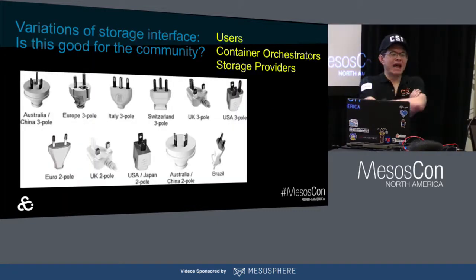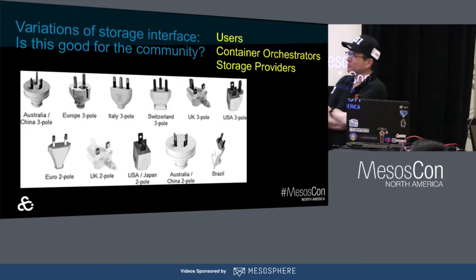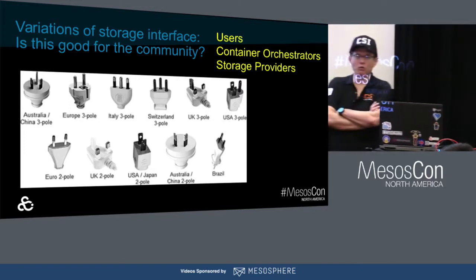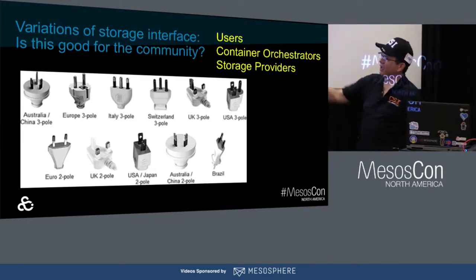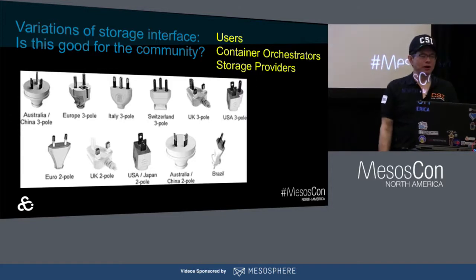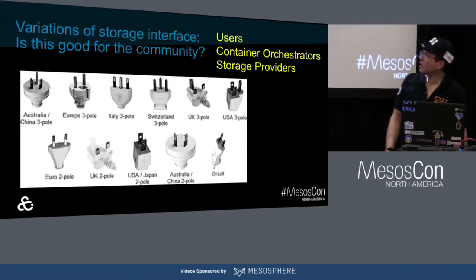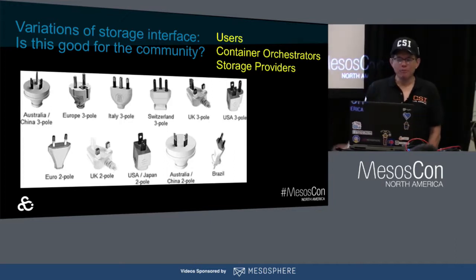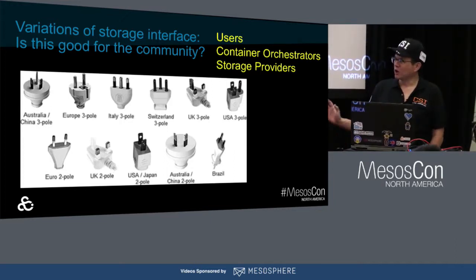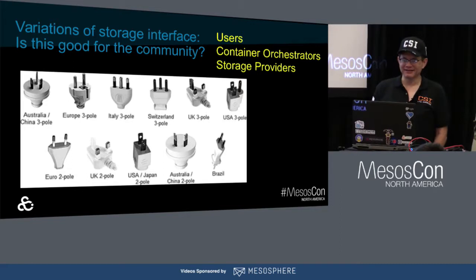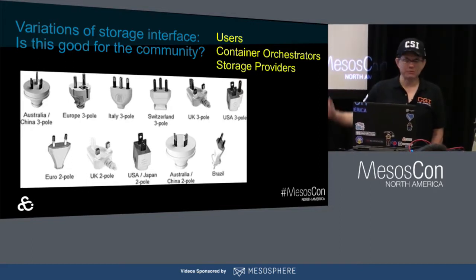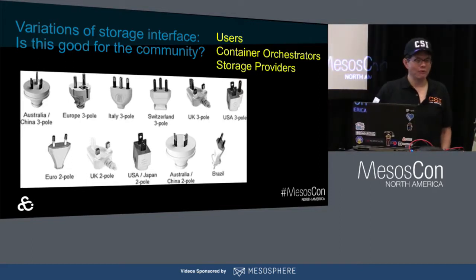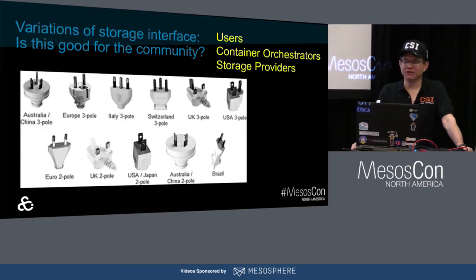What I use as an analogy, and this is kind of my wrap-up of this whole session as to why we want the CSI, is this picture of the electrical outlets and plugs in the world. Nobody wants the world of container orchestrators and storage providers to evolve like what has happened with electricity in the world.